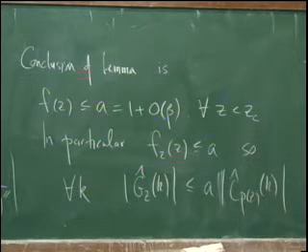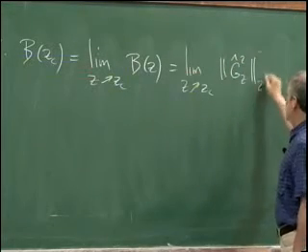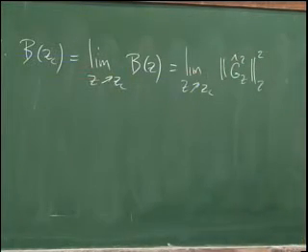Now, the critical bubble diagram, which is what we're trying to show is finite, is equal to the limit as z increases to zc of the bubble diagram at z, which is the limit as z increases to zc of the L2 norm squared of gz hat.